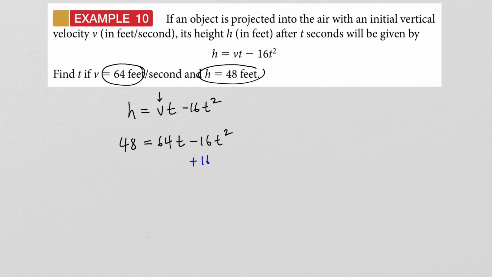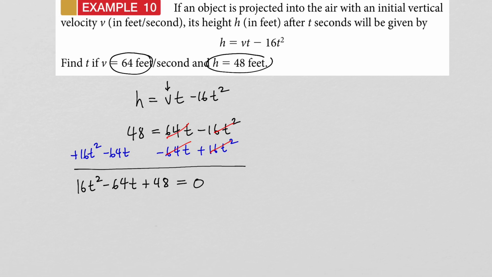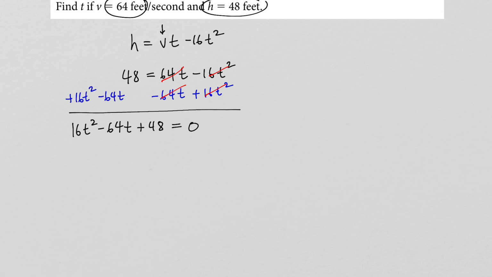So I'm going to add 16t squared to both sides, and I'm going to subtract 64t from both sides. And when we do that, the left-hand side becomes 16t squared minus 64t plus 48, and the right-hand side, of course, just becomes 0.